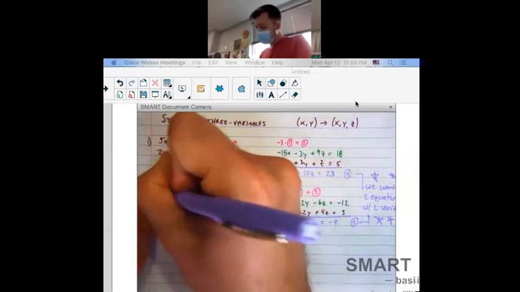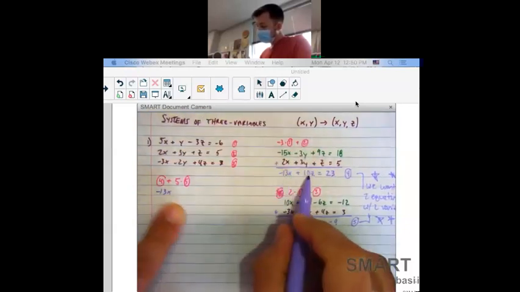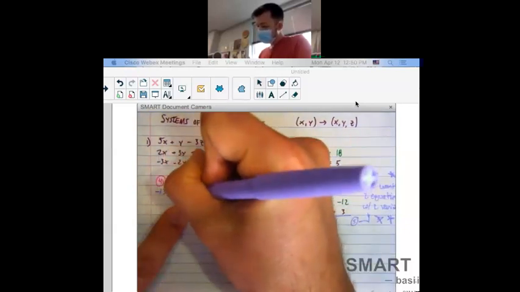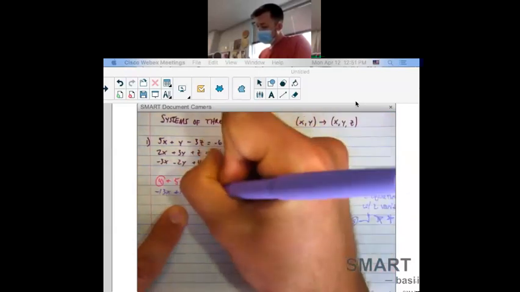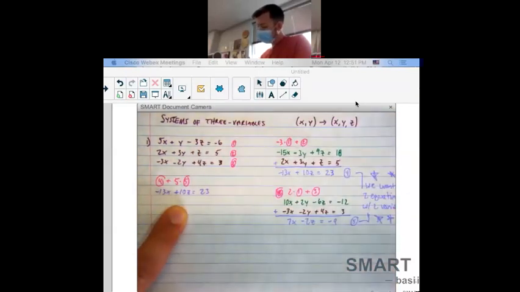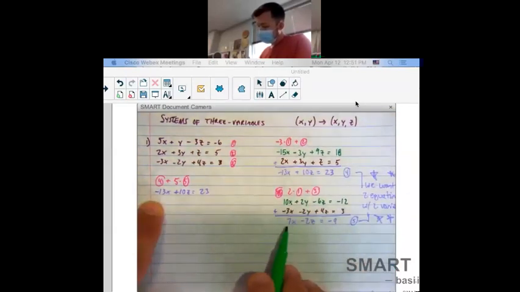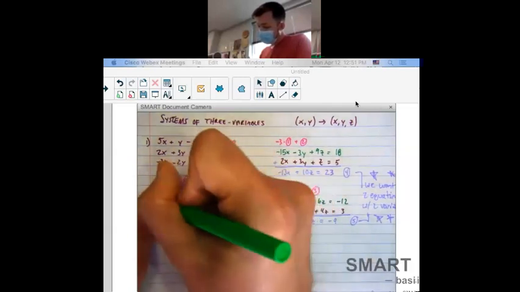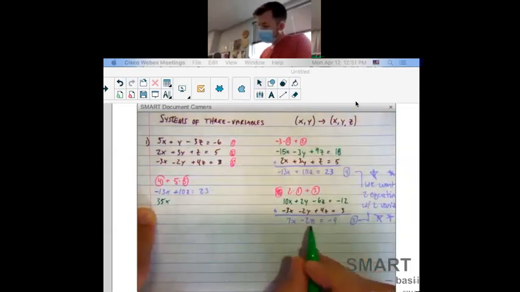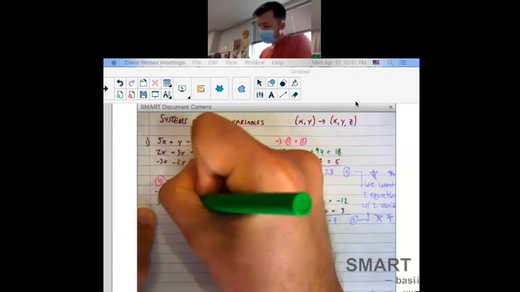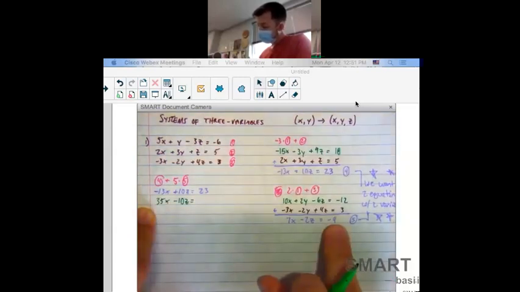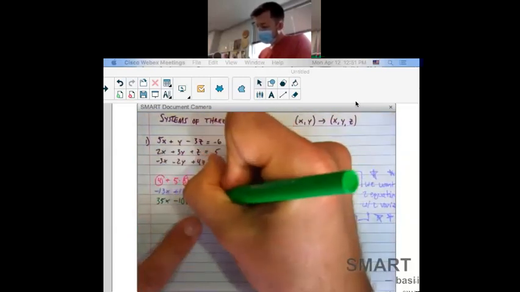So negative 13 x's, 10 z's, 23. 5 times this, so 5 times 7, 35. 5 times negative 2, negative 10. 5 times negative 9 would be negative 45.